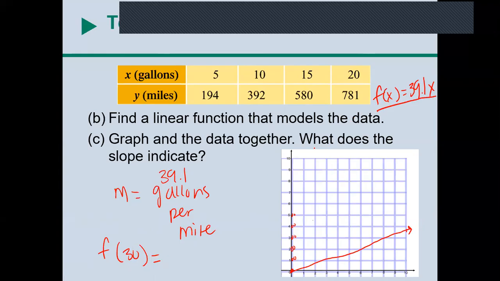So what are you just doing? You plugging in and multiplying, right? 39 and 1/10 times 30 is going to put me at what? How far can I travel? 1,173. I can go 1,173 miles if I have 30 gallons of gas in my car.